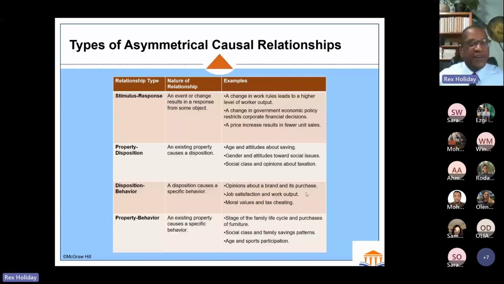So it's interesting how the psychology goes into organizations based on these things. Anyway, I didn't mean to get off track there, but I thought that's an interesting one: disposition and behavior, job satisfaction and work output.